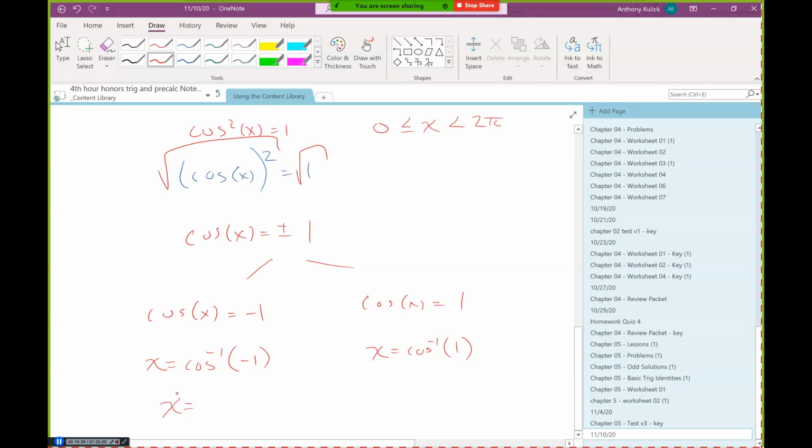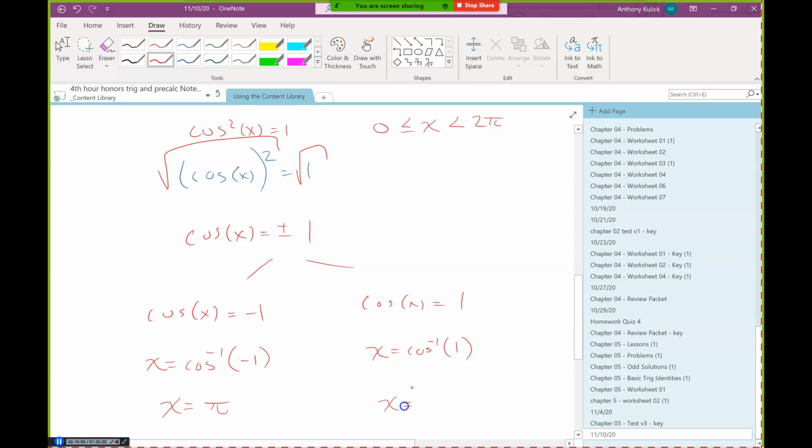I'm going to find my answers between 0 and 2 pi. Cosine of x is equal to -1, so the x coordinate on my unit circle needs to be -1. That happens at pi. And that's the only place.